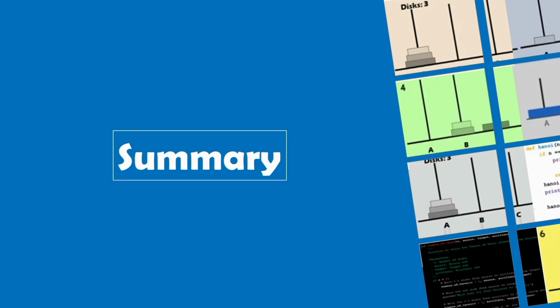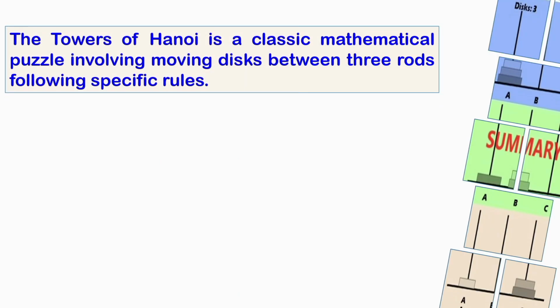As we wrap up our exploration of the Towers of Hanoi with Python recursion, let's summarize the key insights and takeaways. The Towers of Hanoi is a classic mathematical puzzle involving moving disks between three rods following specific rules.